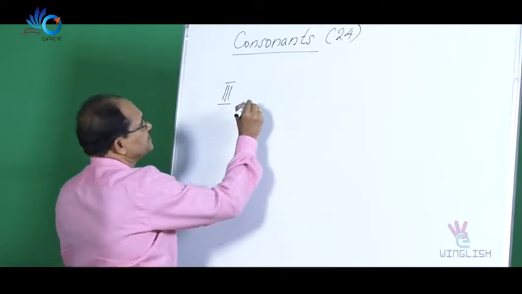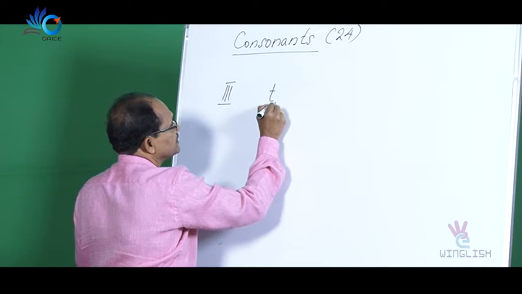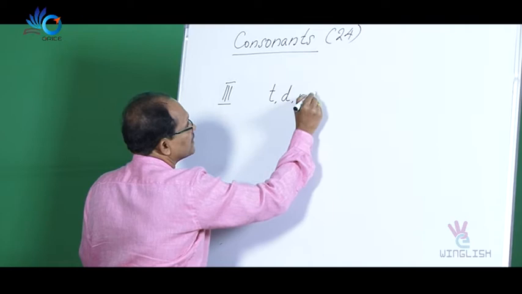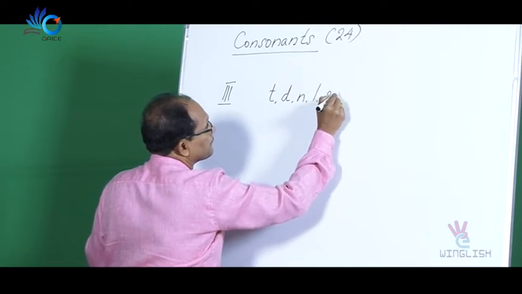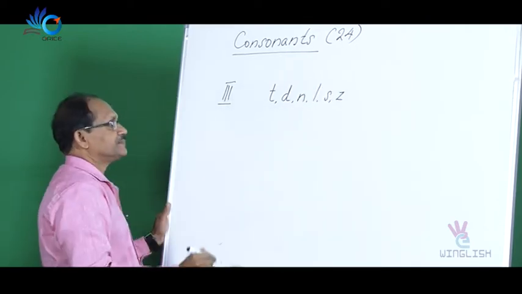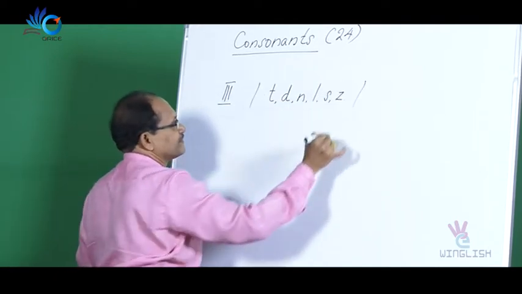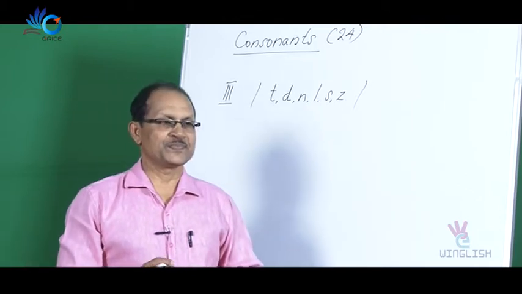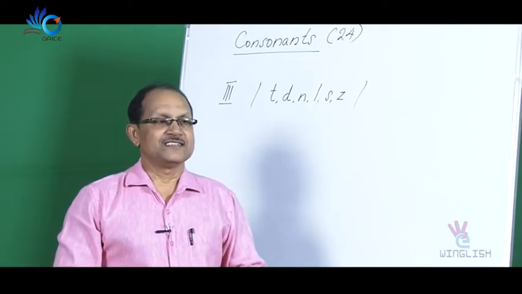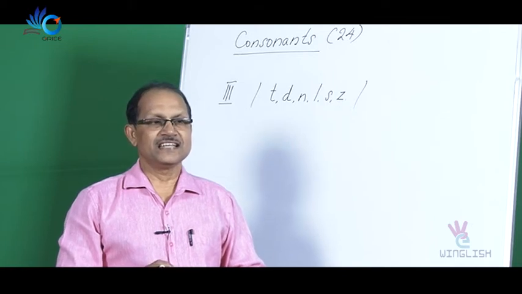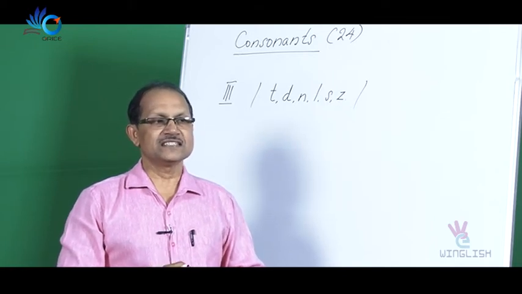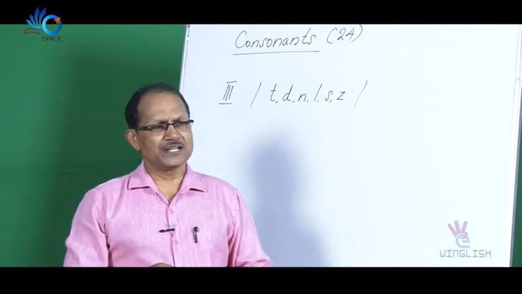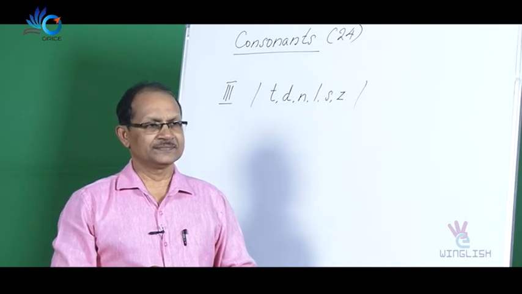Group 3, what are the sounds? T, D, N, L, S, Z. And can you give me the articulators? Can you try? T.